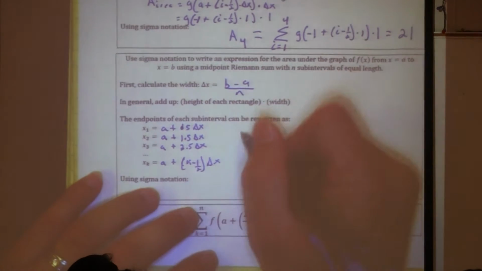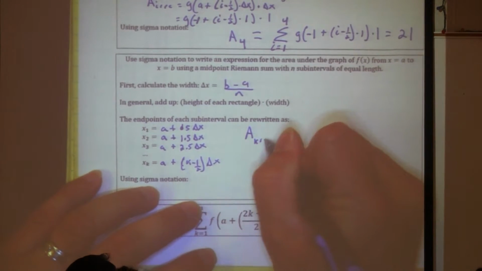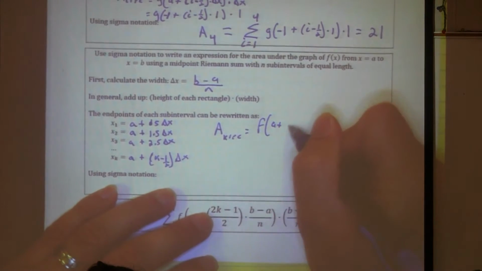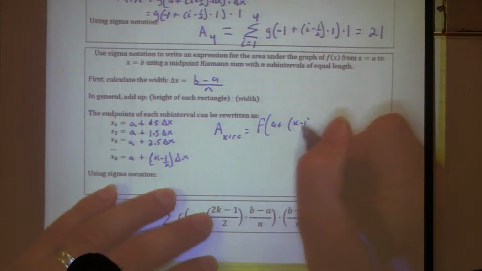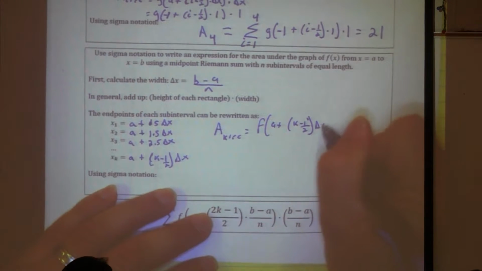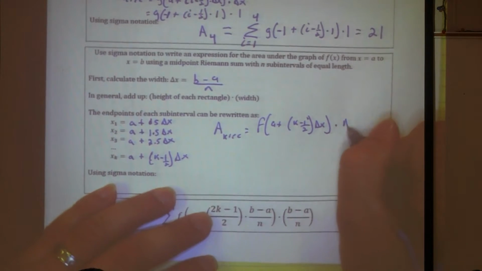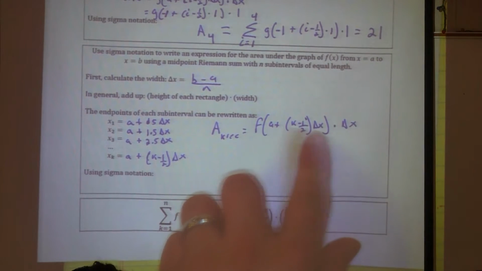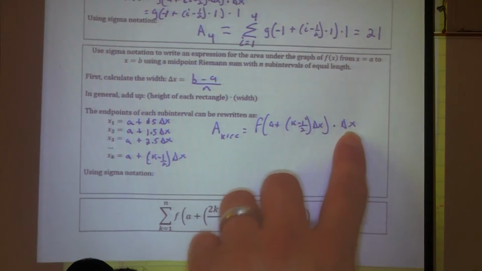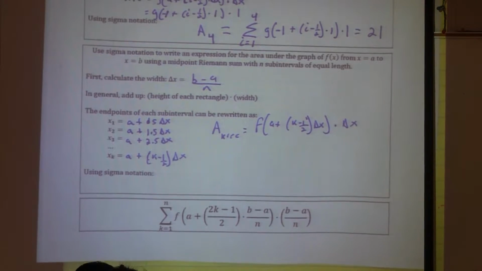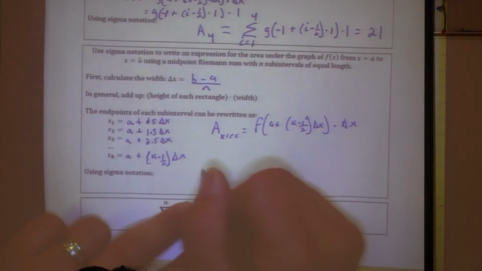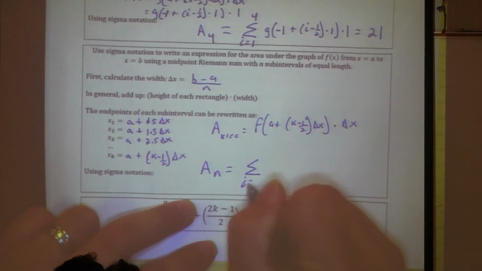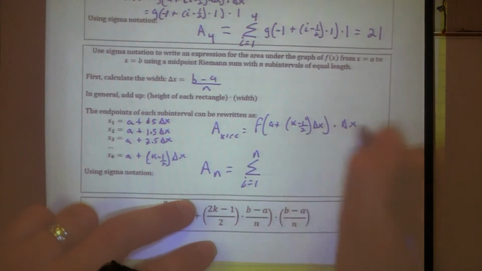So that means that the area of the kth rectangle will be f of a plus k minus half delta x times delta x. This is the height, right? The y value, and this is the width. Now if I want the area of all of them, that's the summation from I equals 1 to n of all that.